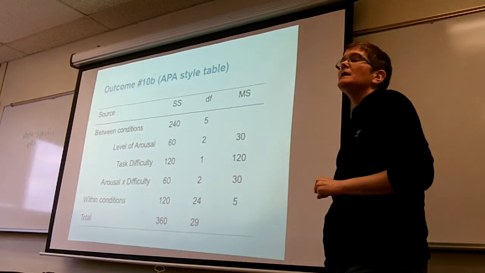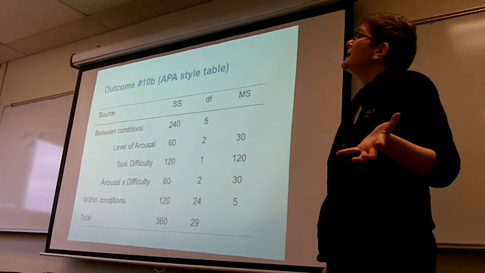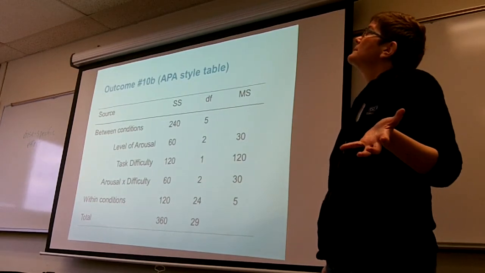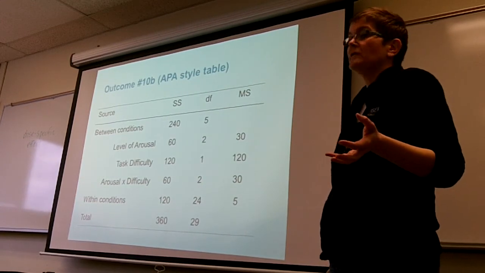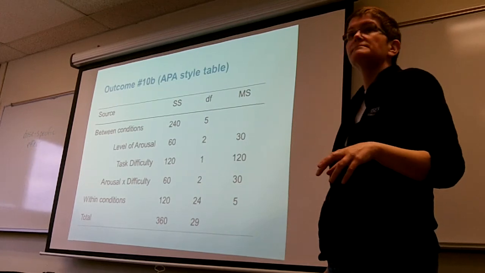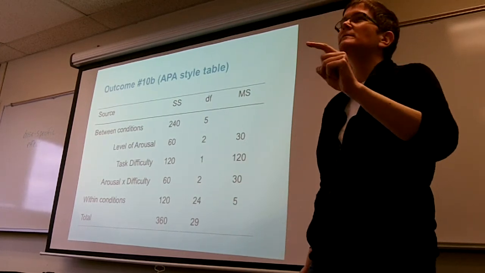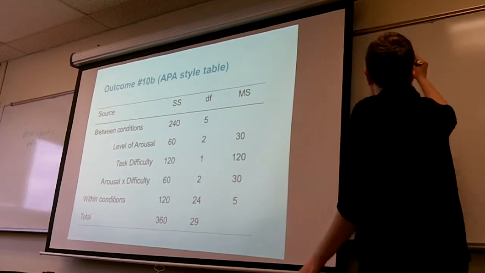Remember, think of this like a really fancy independent groups ANOVA, or between subjects one-way ANOVA. If you were doing a one-way ANOVA between subjects, how would you calculate F observed?